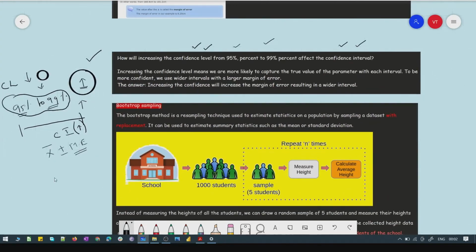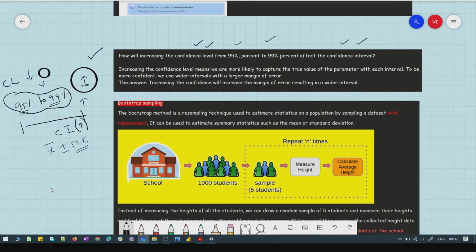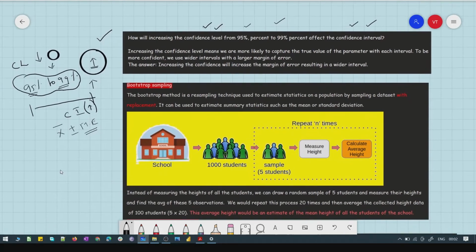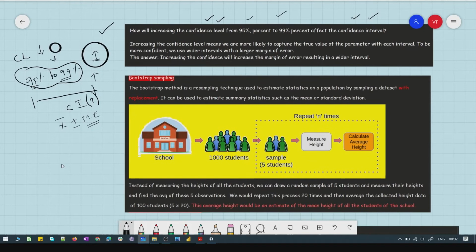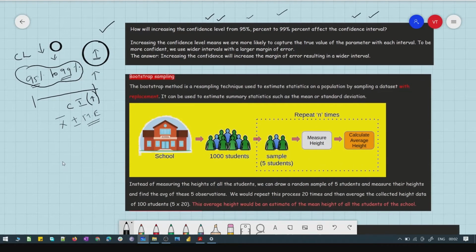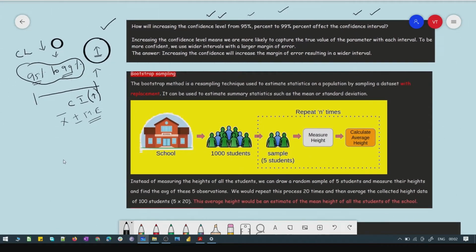Now let's go to the next topic, which is bootstrap sampling. This is an interesting topic, and we will try to verify it using Python code as well. This is one of the sampling techniques. What we do is measure using a sample, and after you measure it, we put the sample back into the old bucket, then take a sample again and repeat the process.